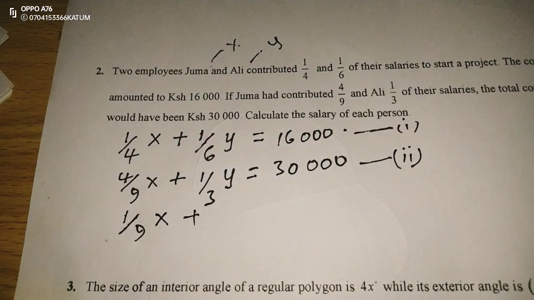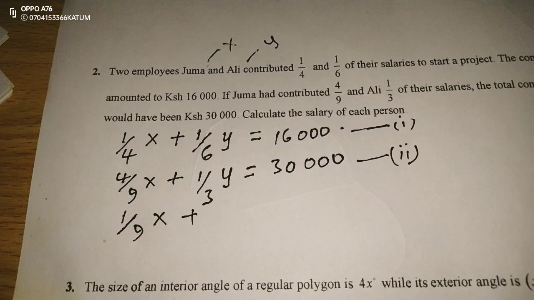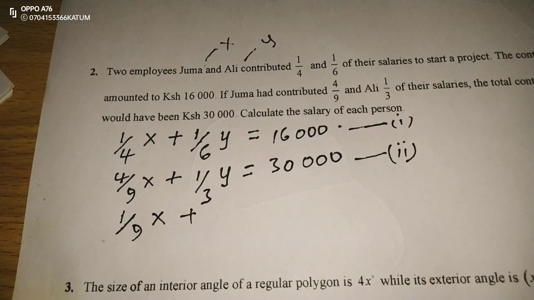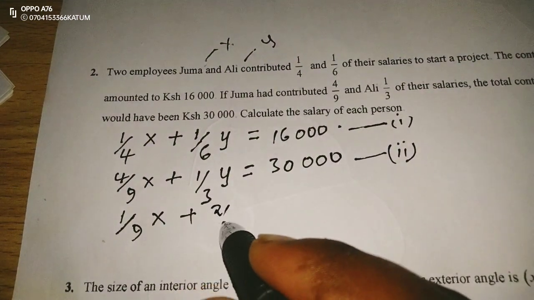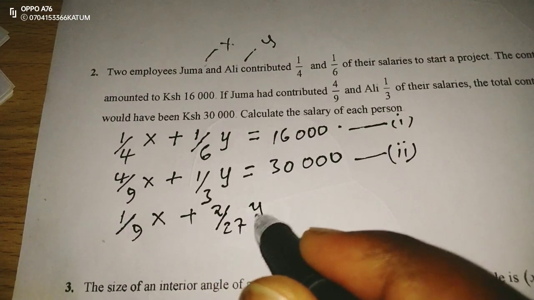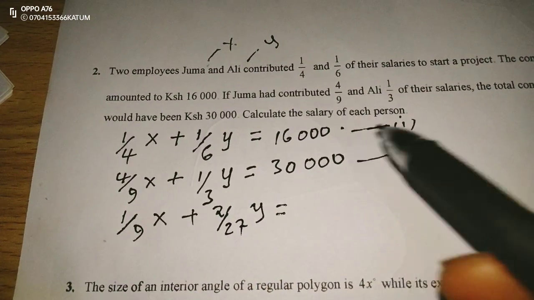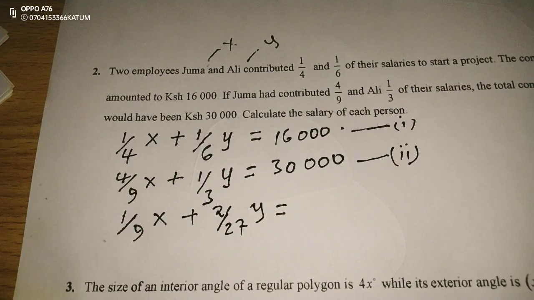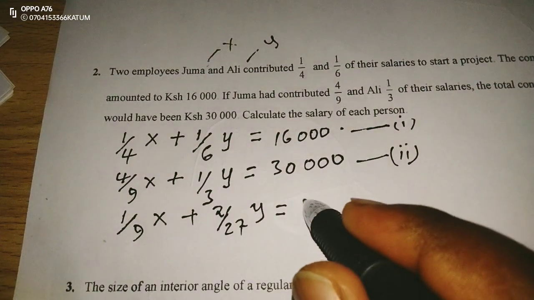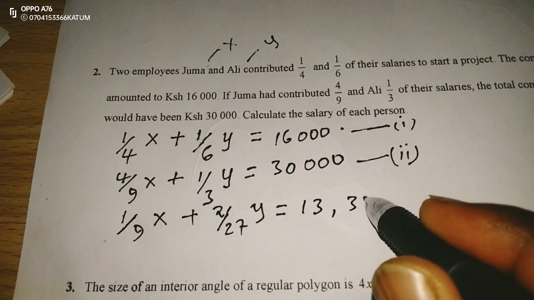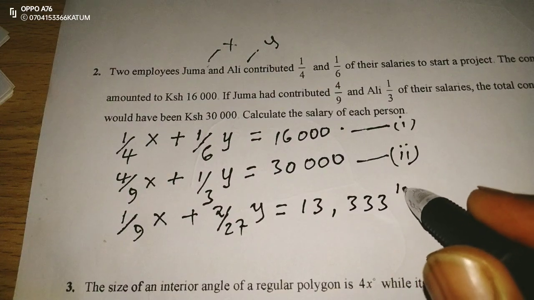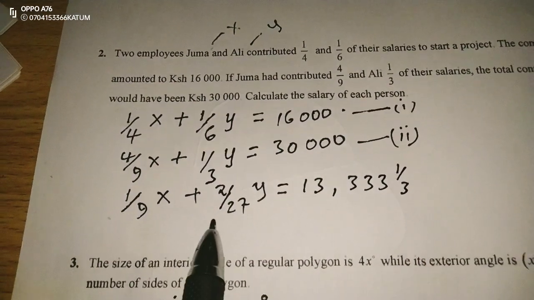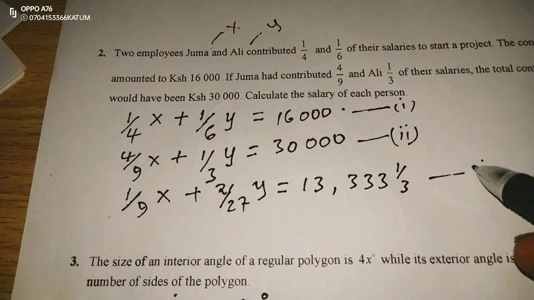So 4 out of 9 by 1 over 6 gives us 2 over 27 Y. This is equal to 4 out of 9 by 30,000... no, by 16,000, which becomes 7111 and 1 over 9.